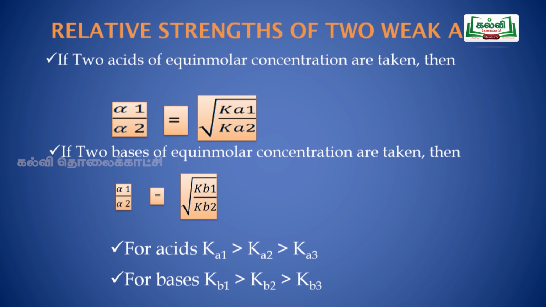In that case, for the first dissociation it will be Ka1, for the second one it is Ka2. Suppose it is H3PO4, in that case it will dissociate three times. For those cases, this formula will be quite useful and essential. That is, the dissociation constant of the first one will be greater than that of the second, and in turn greater than that of the third.